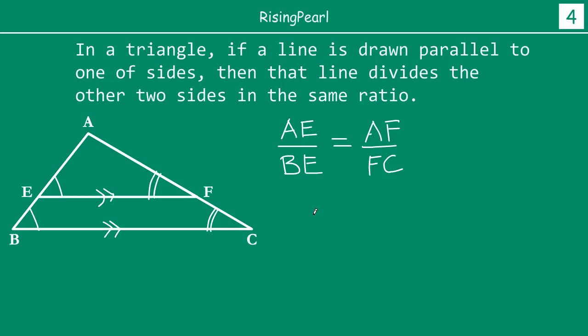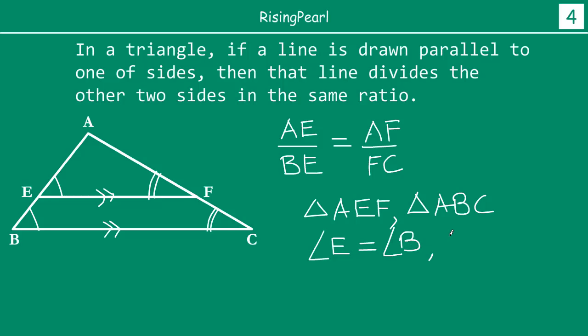So in triangle AEF and triangle ABC, because EF is parallel to BC, which is given, angle E is equal to angle B, angle F is equal to angle C, corresponding angles, and angle A is common to both the triangles.